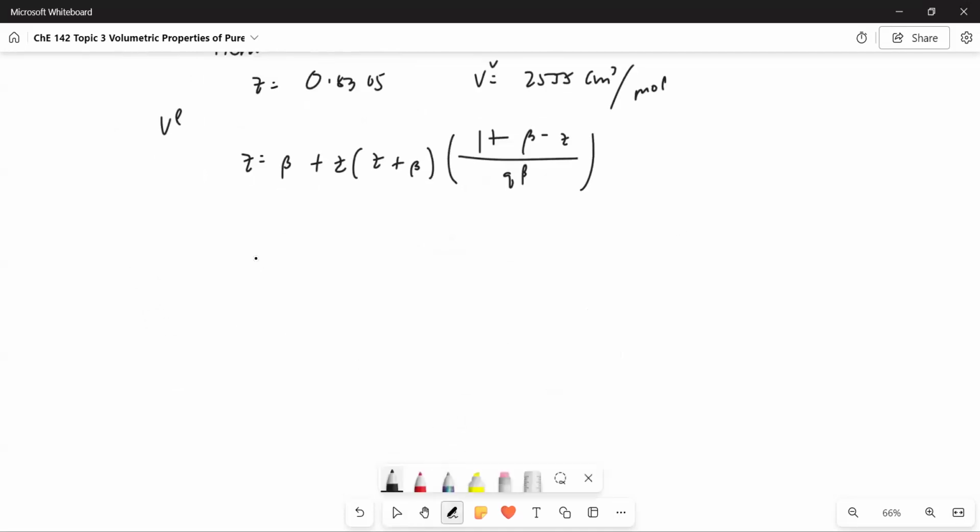Again, the initial value is the value of beta for liquid-like, which is 0.04331. And after iteration, the value of z is 0.0, and V liquid is 133.3 cm cubed per mole.